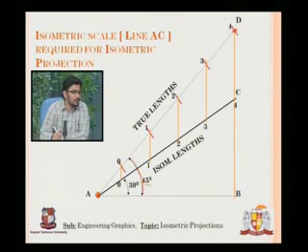And now for an isometric scale, what we need to do is draw a line at 30 degrees. So this is 30 degrees, again A to C, this is for isometric.